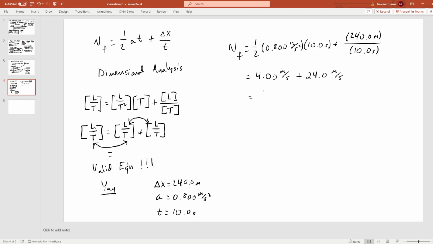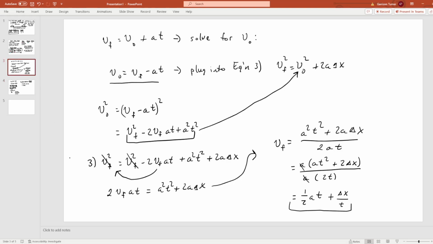And so my final velocity is 28 meters per second. Okay? 28 meters per second. And you should find that same answer if you do it the other way. Solve equation 2 for V naught and then plug that into equation 1. Okay? But I wanted to show you how to combine equations as well.